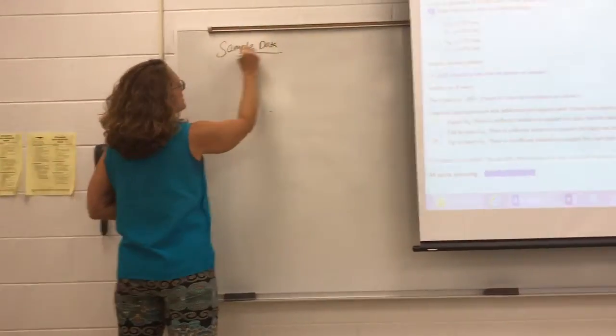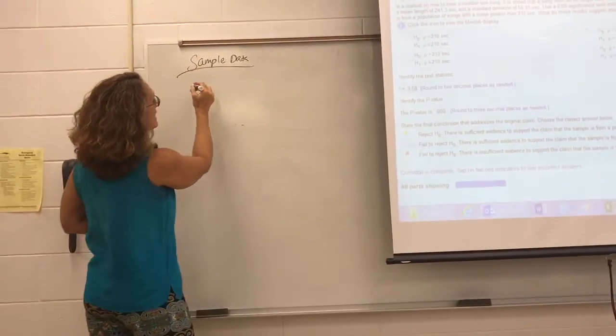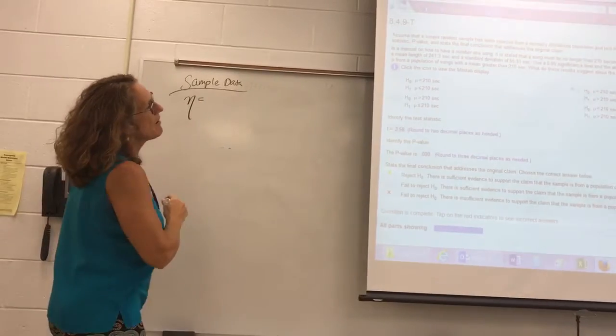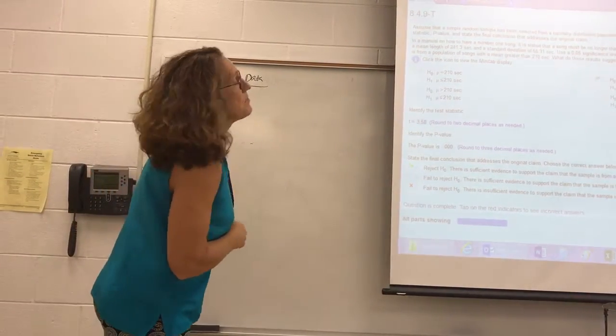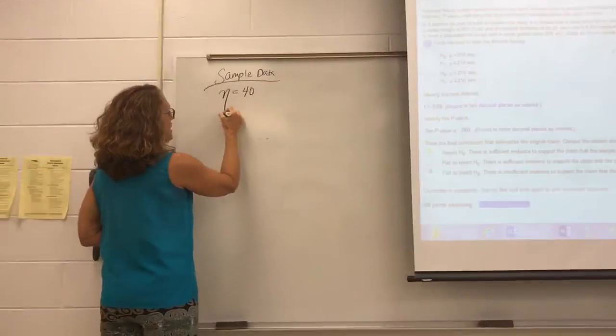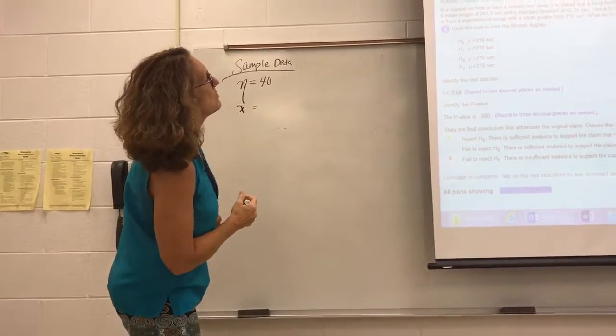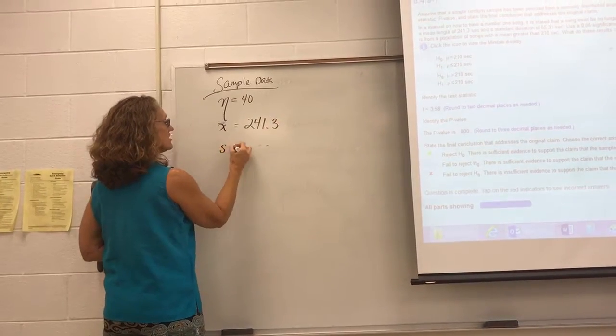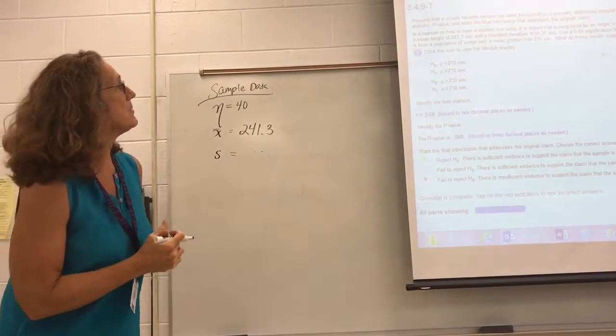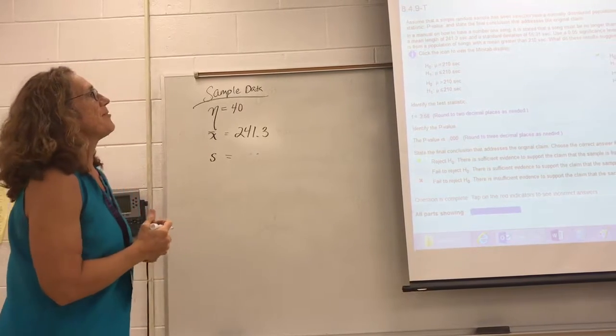Sample statistics are a sample size n of 40 hit songs with a mean length, that would be x bar, of 241.3 seconds with a standard deviation, so that's s because it comes from the sample, 55.31.